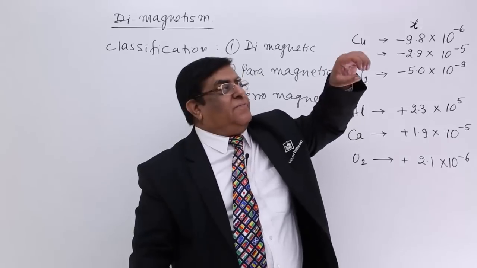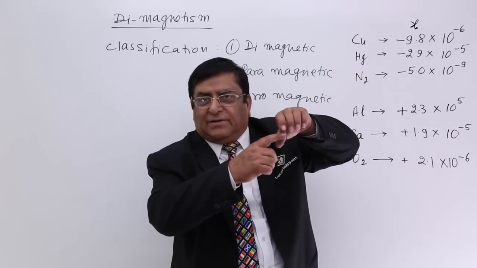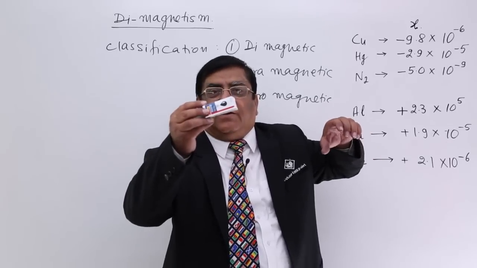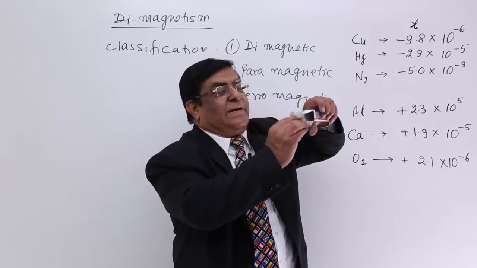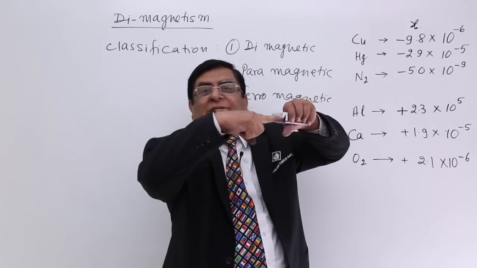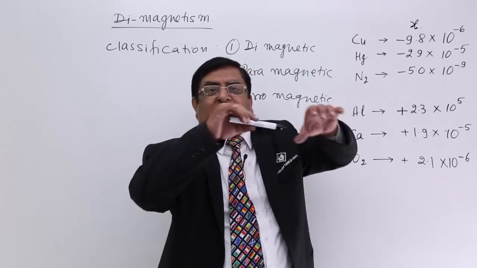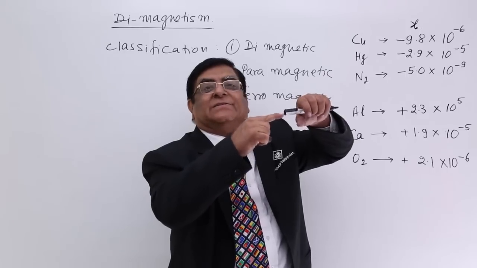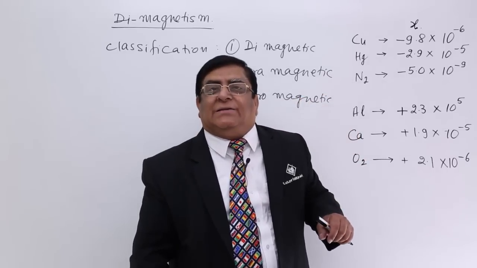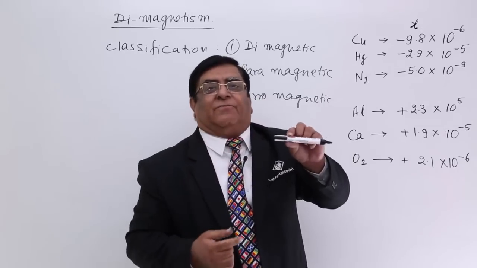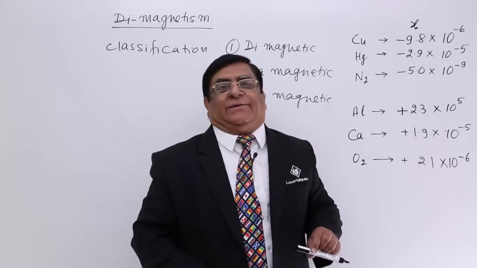If I place something neutral, the magnetic field in it is 100. If I place this material, the magnetic field in it is 80. Why 80? Because this has produced an opposite magnetic field equal to 20.